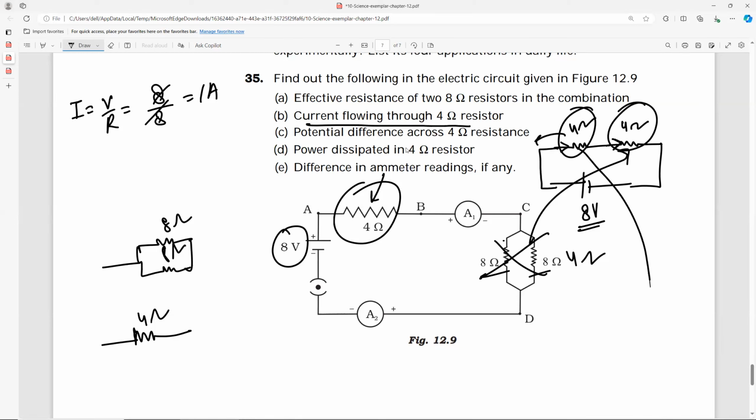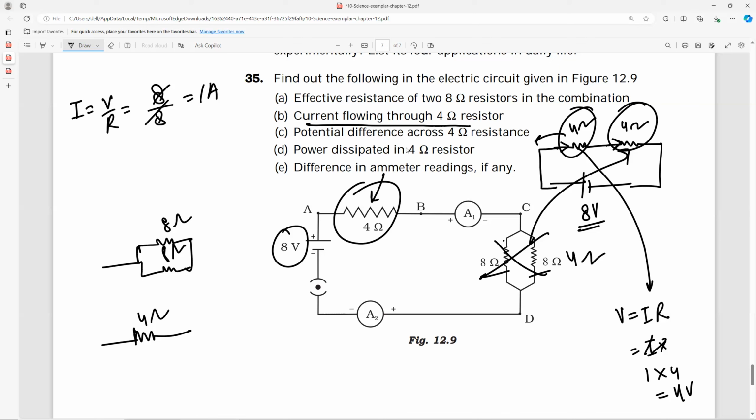Now for this one, you can calculate the potential difference. V is equal to I into R. I is 1 ampere and R, for this one, is 4. So it will be 4 volt. So it's your choice. You can do it directly or you can do it this way. Got it?